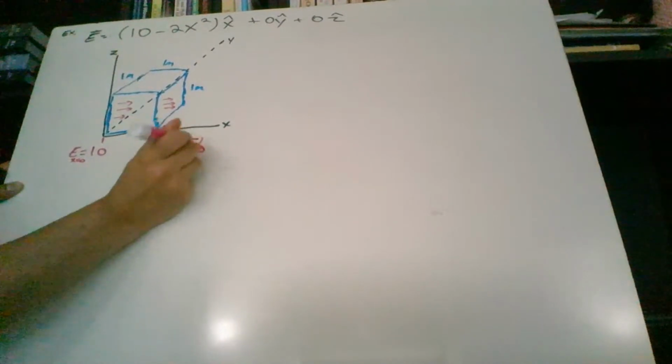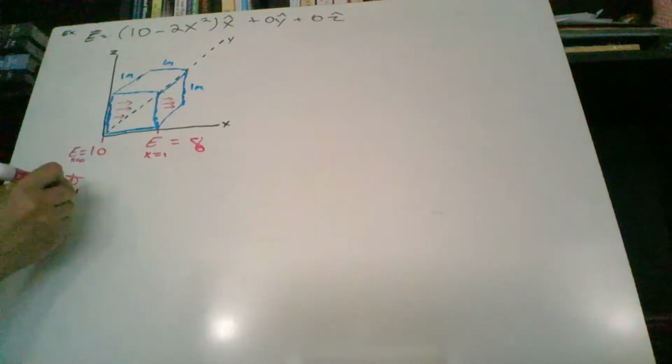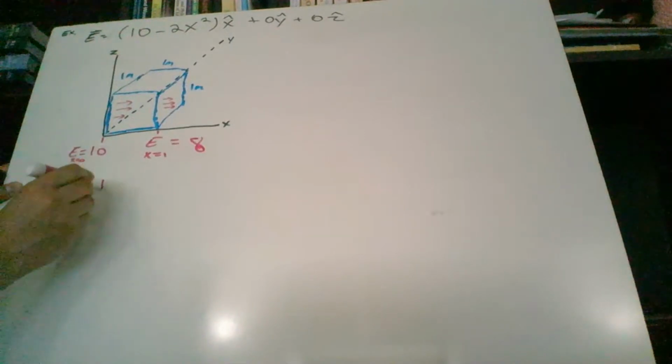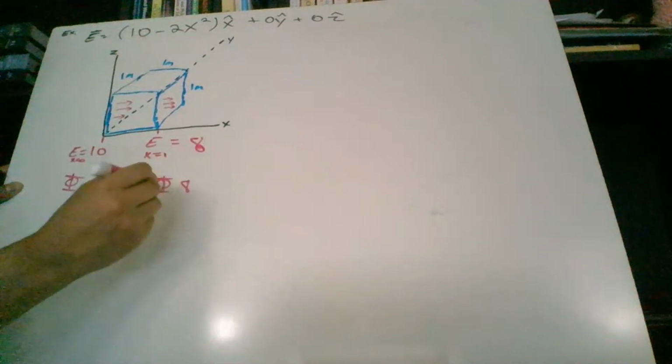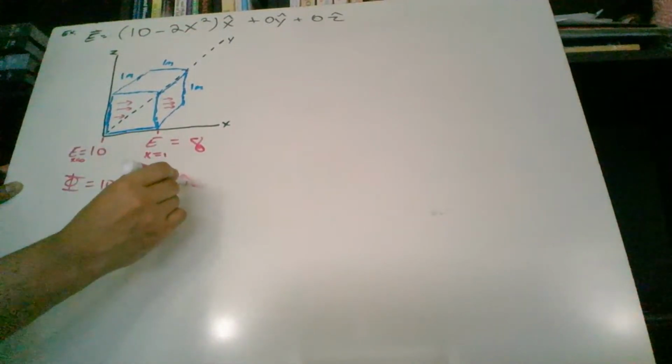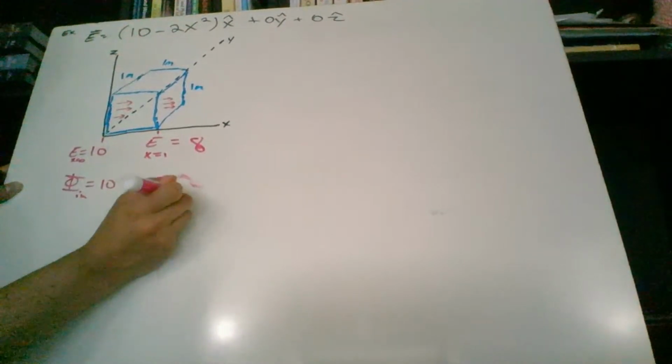So it's going to be 8 over here at 1. Then we can figure out what the flux is going to be: 10 here, and over here just 8. So this is the flux in, and this is the flux out.